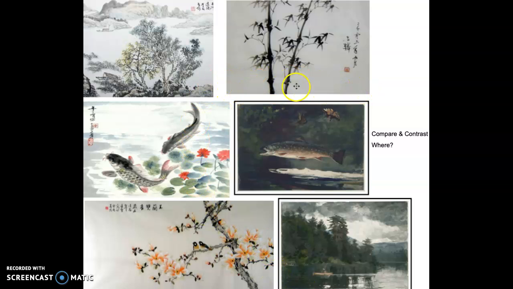Can you think about ways that they're different and ways that these paintings by Winslow Homer, made here in the United States, are different from these very beautiful paintings over here? What are some things that are similar and different? I'll let you think about that.